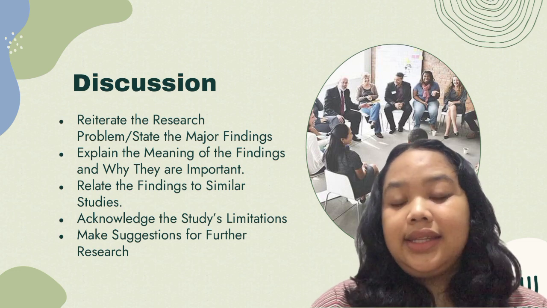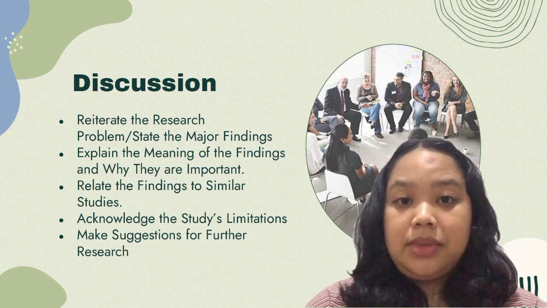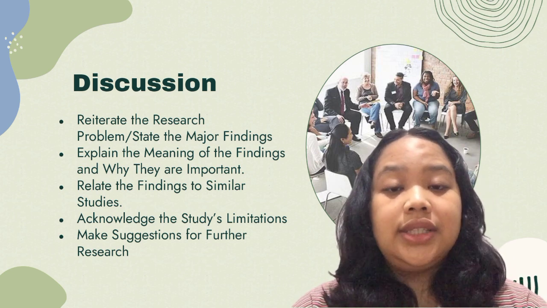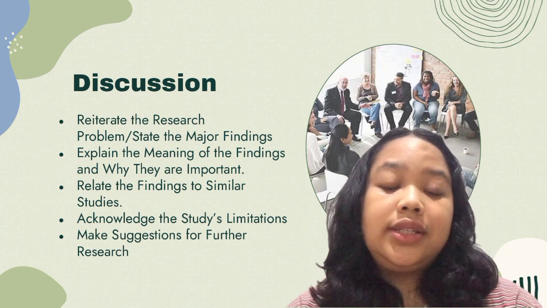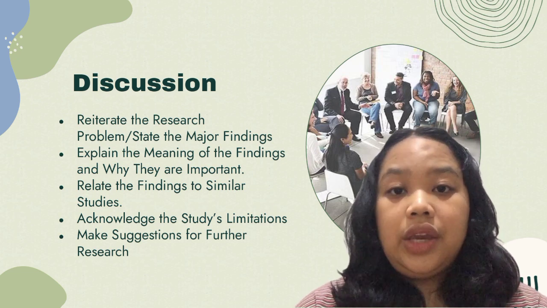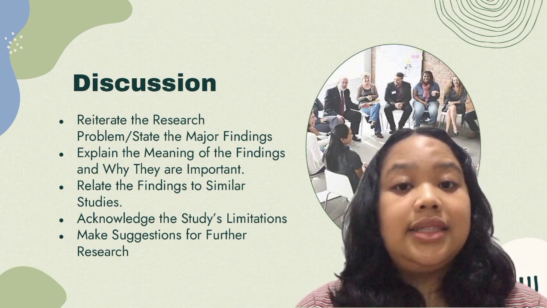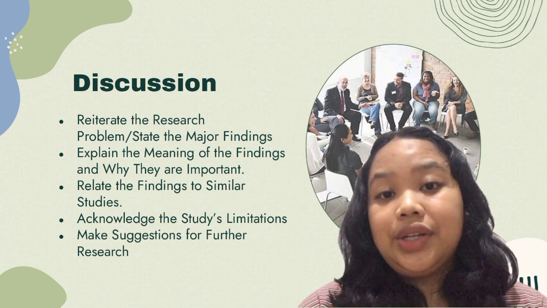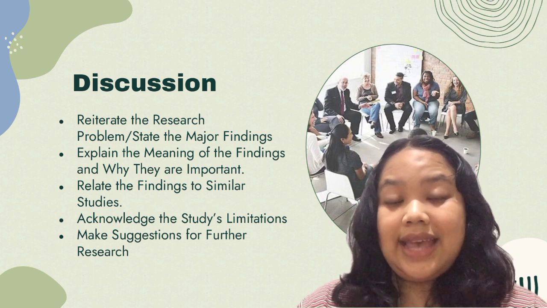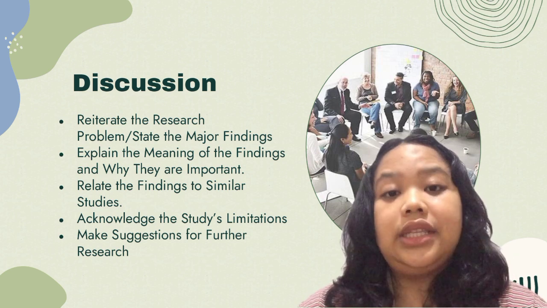Next is to relate the findings to other similar studies. The researchers should relate their findings to other similar studies to point out how their study differs from other similar studies.